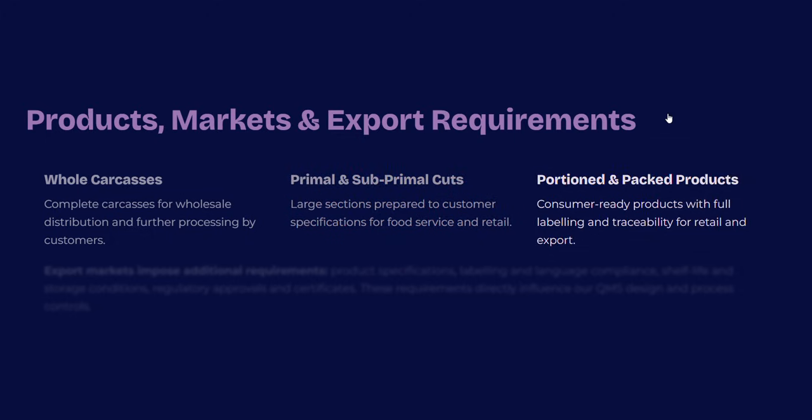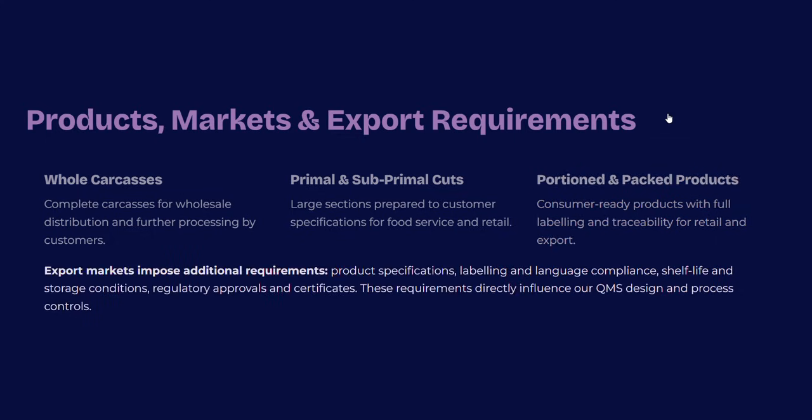We have portioned and packaged products, consumer-ready products with full labeling and traceability for retail and export. Export markets impose additional requirements: product specifications, labeling and language compliance, shelf life and storage conditions, regulatory approval and certifications. These requirements directly influence our QMS design and process control.